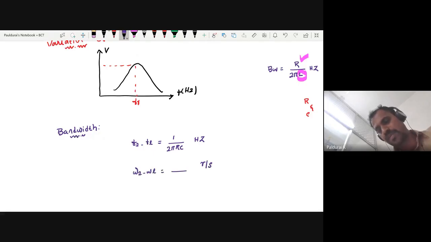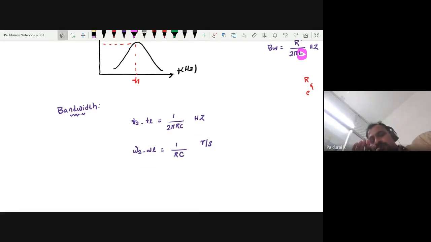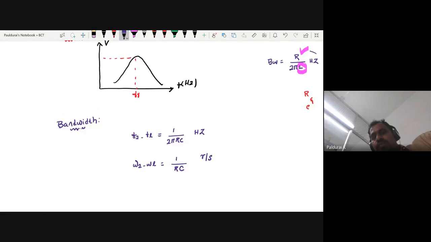You want to multiply it by 2 pi, so it becomes 1 divided by RC. So this is the bandwidth formula for which one? Parallel resonance, okay. Just remember this formula: for series, R divided by 2 pi L. Here it is 1 divided by 2 pi RC hertz, and bandwidth in terms of radian per second is 1 by RC.